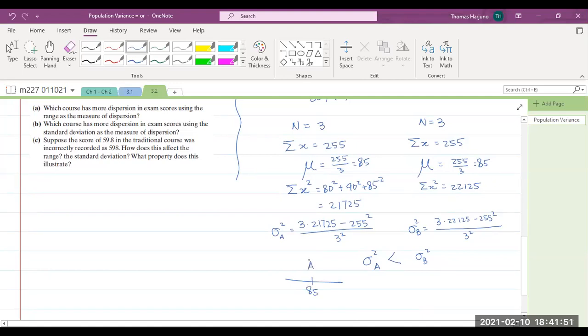That's the case for Mr. A. Because the standard deviation is smaller, even his final will not go too far from that 85.